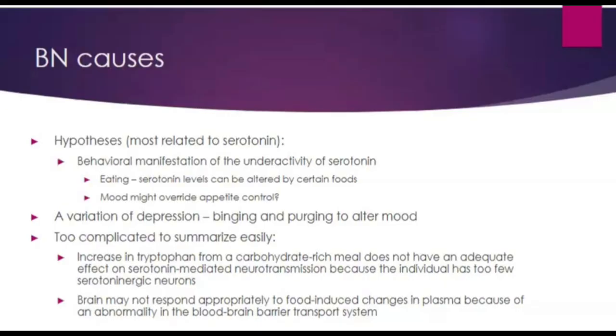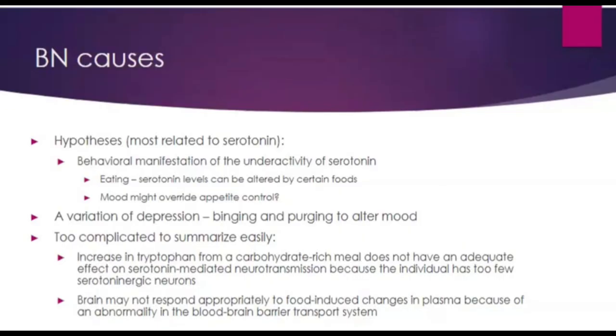And there's also another hypothesis, another way to think about this. The hypothesis is that the brain might not actually respond the way it should to changes in food and the plasma level because of something that's wrong with the blood-brain barrier.